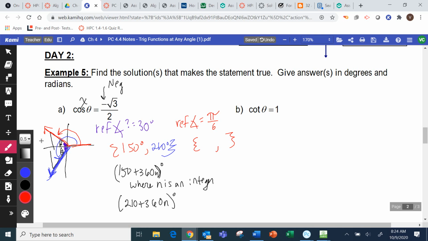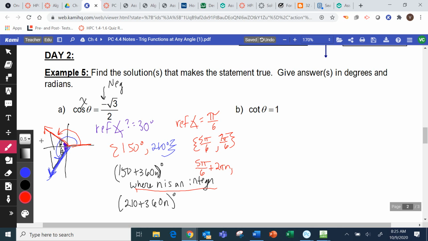What's the pi over 6 in the second quadrant? 5 pi over 6. 5 pi over 6, third quadrant? 7 pi over 6. See? Now, is that all the answers? So in order to find all the answers, we would take that 5 pi over 6, and what would we add to it? 2 pi n, where n is an integer.